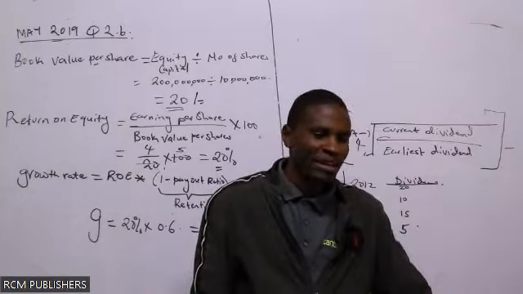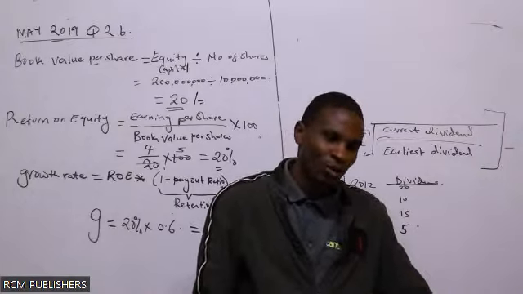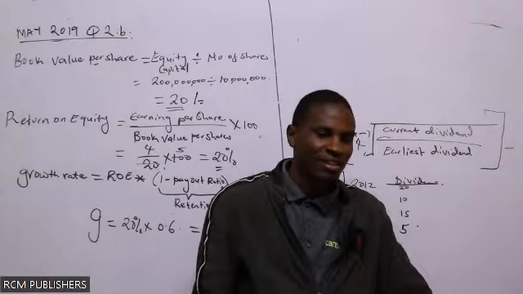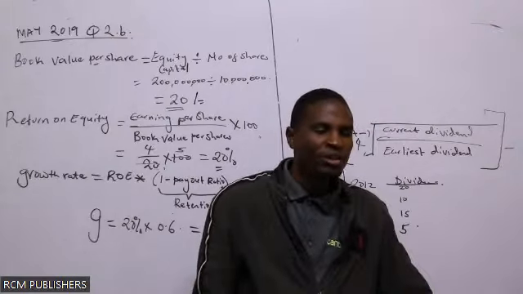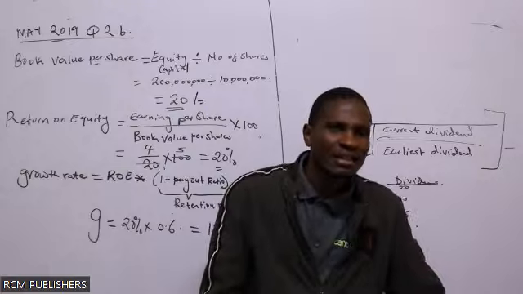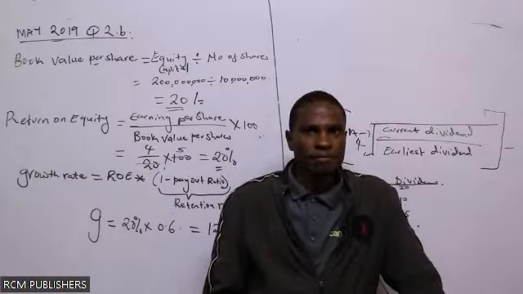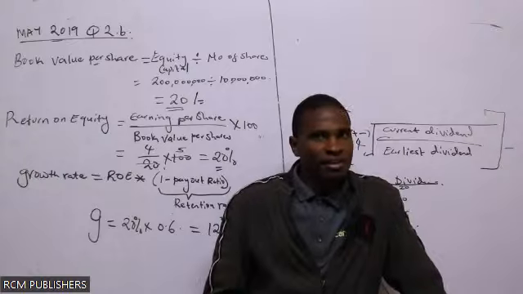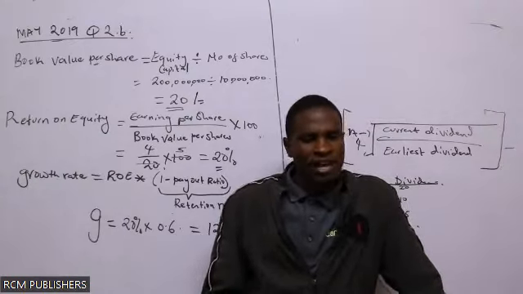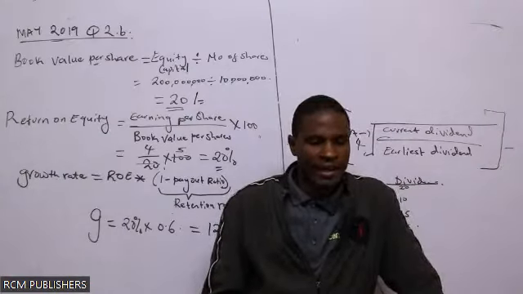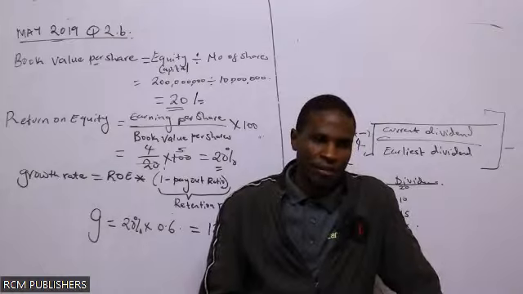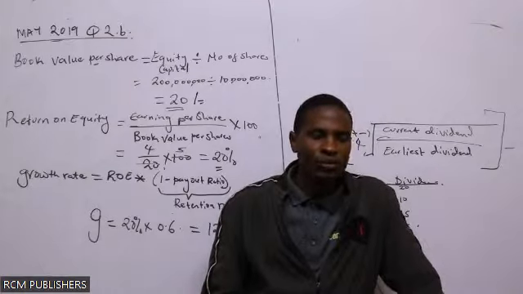But now, remember, we wanted to compute our growth. And we know that to compute growth, you use the return on equity, that is B. We abbreviated that with B. Then you multiply by the retention ratio. That is why we have gone ahead computing the ROE, the return on equity.